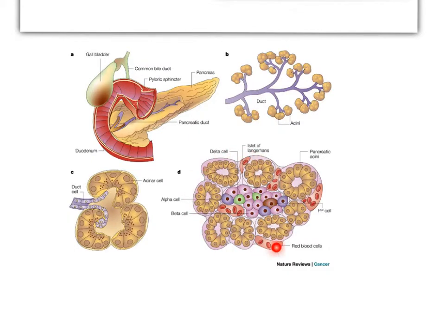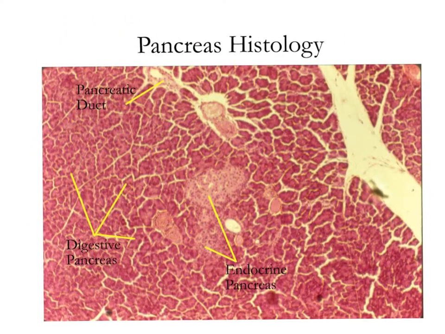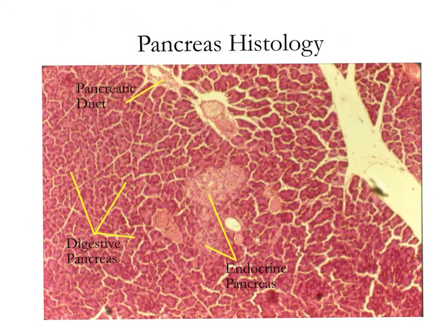Similar diagram we've got here, islet of Langerhans with the acinar exocrine cells around, with the islet of Langerhans endocrine cells here, but it also requires you to know the histology, so be able to interpret pictures like this, which shows all the exocrine acinar cells, which make up the bulk of the pancreas, but interspersed amongst all of these are these structures here, the islet of Langerhans with its alpha and beta cells.